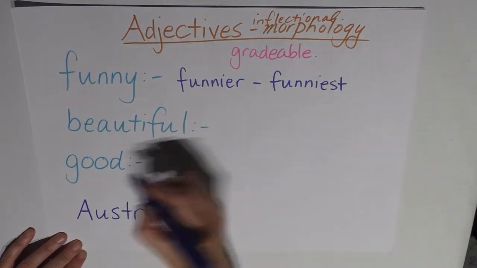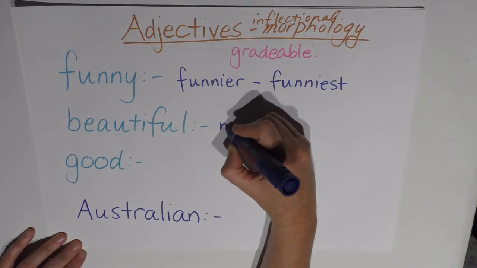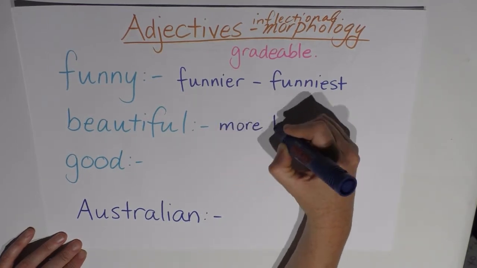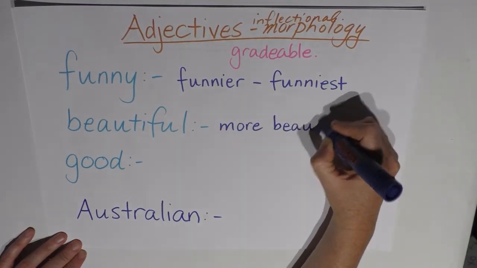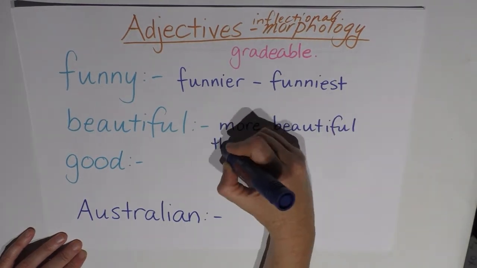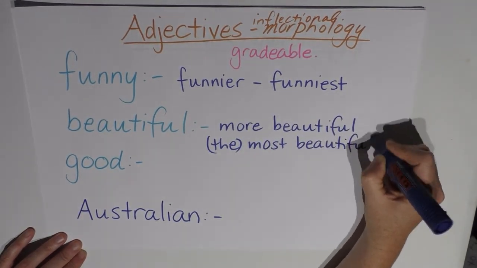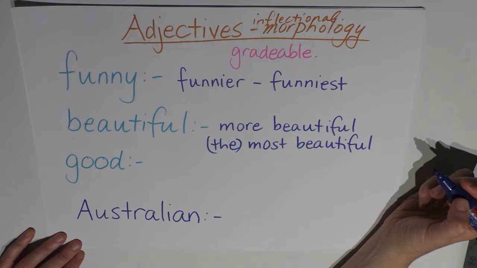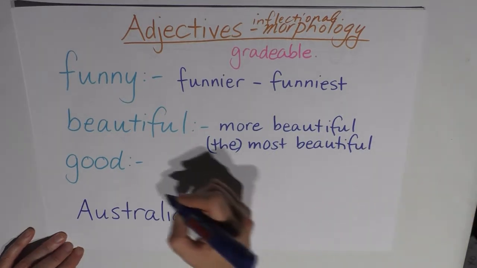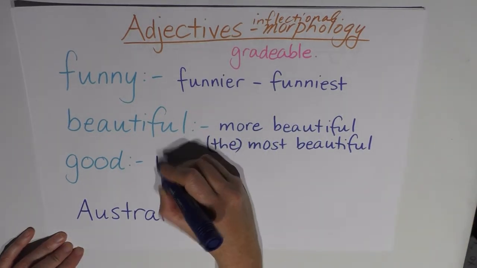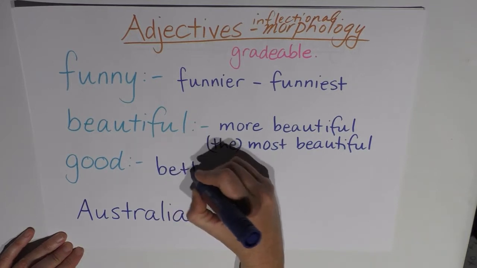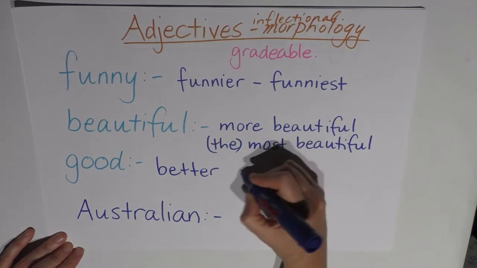We can do the same thing with beautiful, but this time we use more beautiful and the most beautiful. Good is one of our irregular gradable adjectives. We have good, which becomes better, and then best.